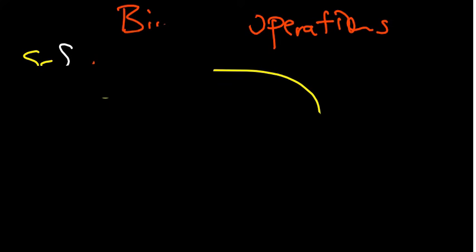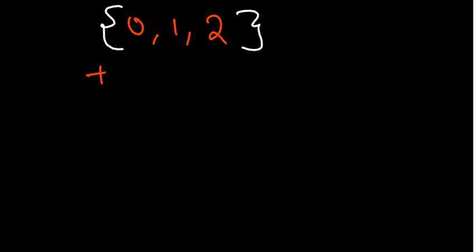Now, to ensure that you've understood deeper, I can give you another example where we have 0, 1, and 2 as our set. Now, they ask you again to test addition, multiplication, subtraction, and division. Of course, some of these are directly not binary operations.